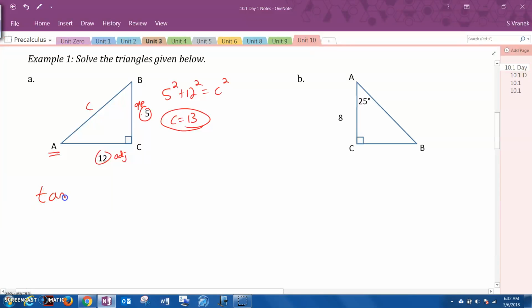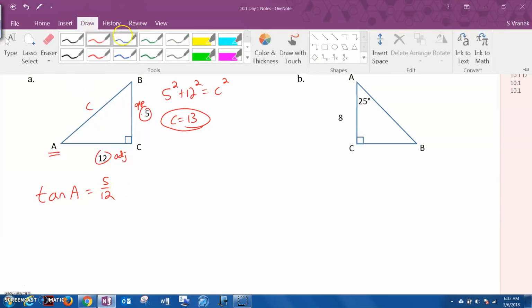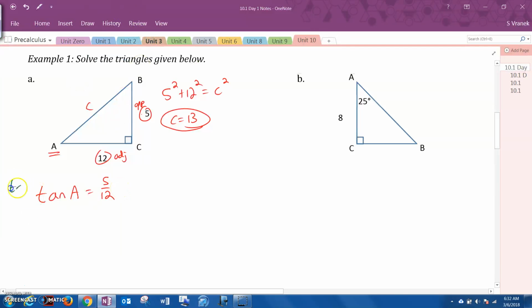So the tangent of A is equal to 5 over 12. This is where you use your inverse tangent to solve the question. So we'll inverse tangent this side and inverse tangent this side. You get angle A is equal to tangent inverse of 5/12. Then you plug that into your calculator and you get 22.6 degrees.